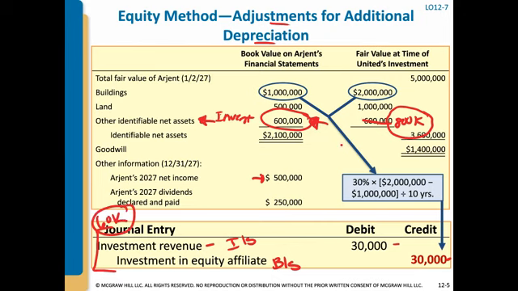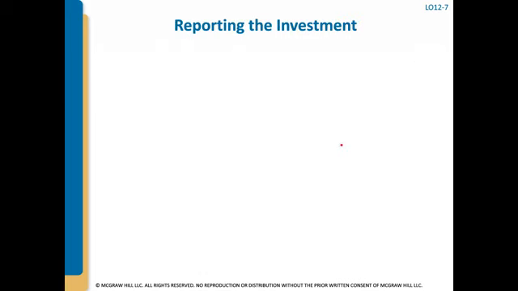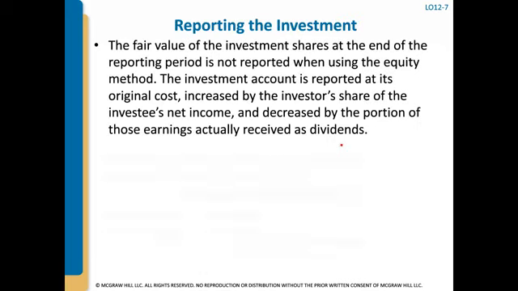But once that's done one time, it's not a recurring entry like depreciation, because that inventory will sell the following year, and then we'll be on the same cycle as needed. So this is just talking about the inventory.